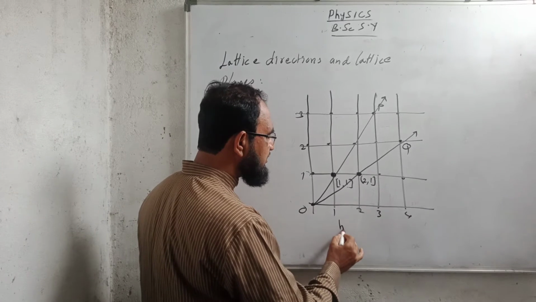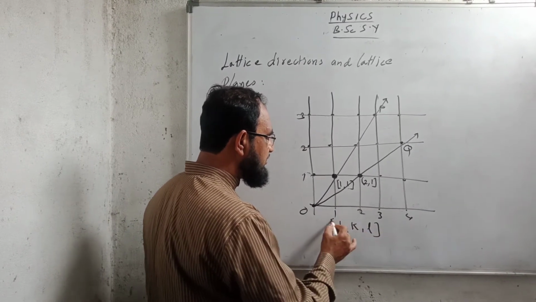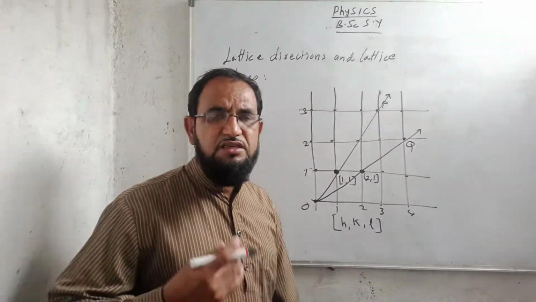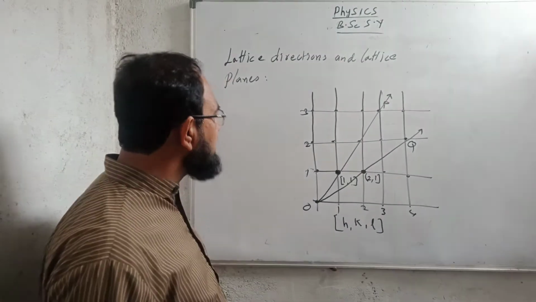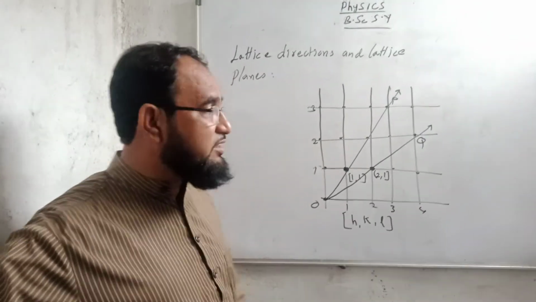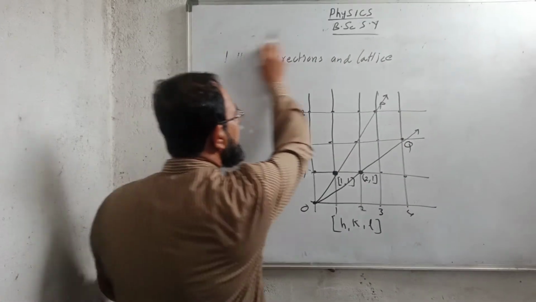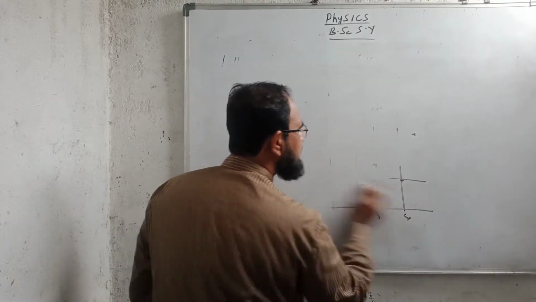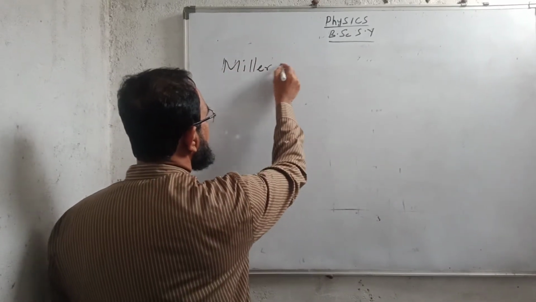So these coordinates are known as H, K and L, the indices, and these indices are called the Miller indices. So using the lattice planes and the lattice directions, we can calculate the Miller indices. To calculate the Miller indices, you first have to find the intercepts.